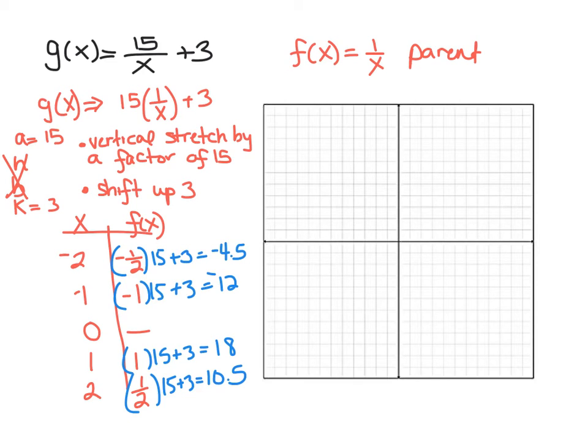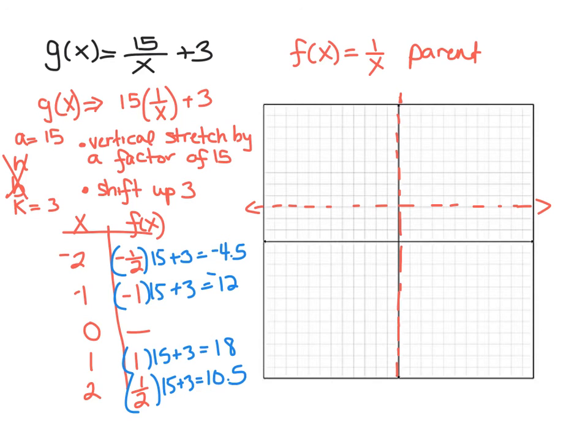So I'm going to erase this graph here because I only want the new function. All right, so it just will help me if I think about the fact that my horizontal asymptote is moving up 3. And since I don't have anything horizontally shifting, I know that I still have a vertical asymptote at x equals 0.